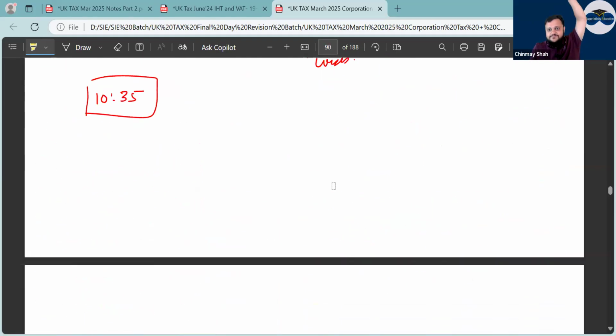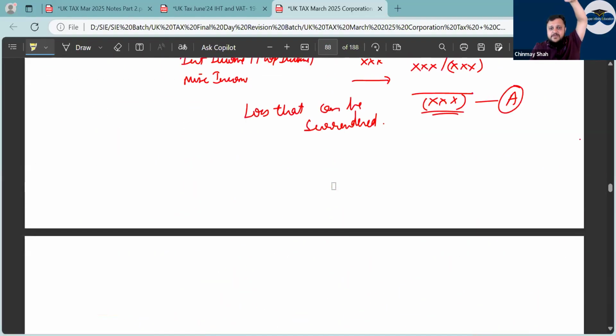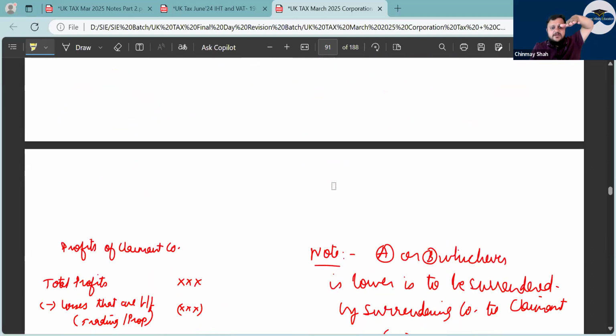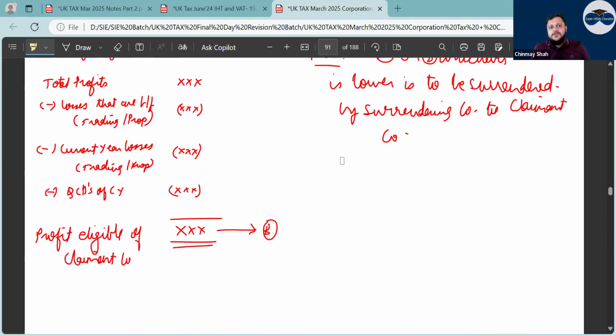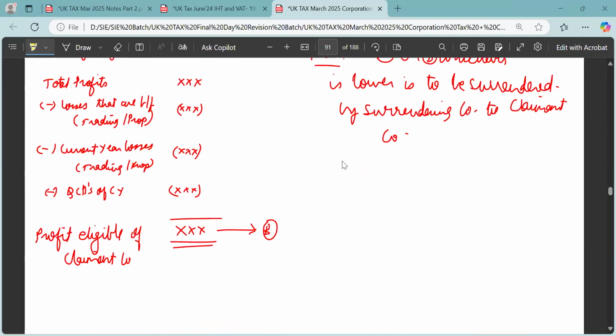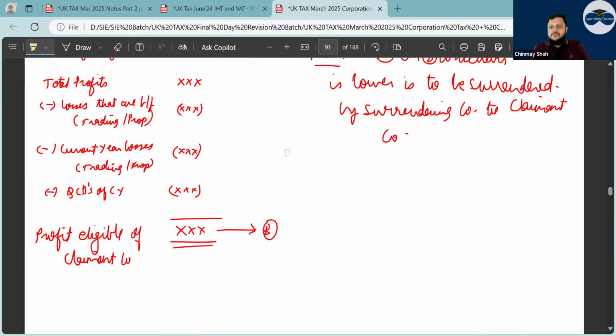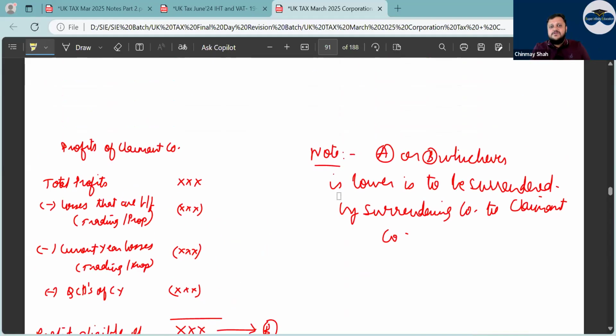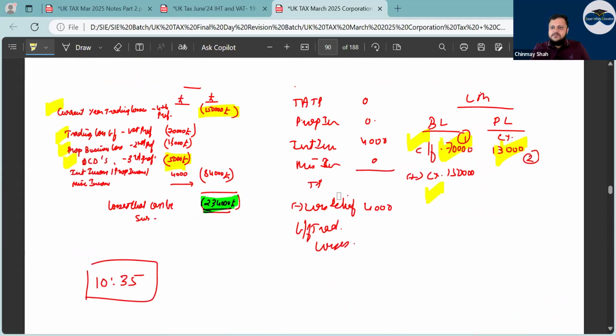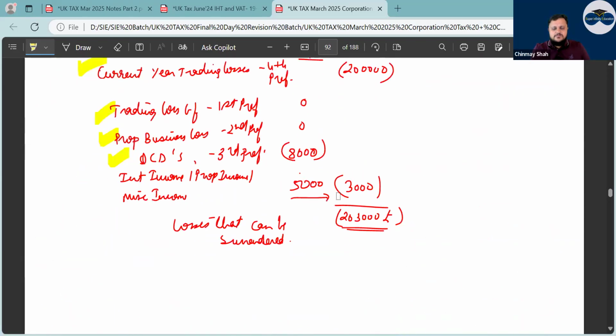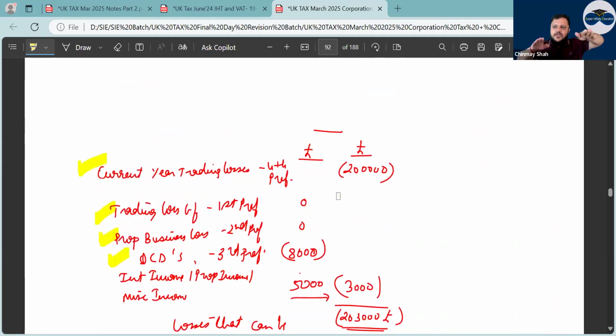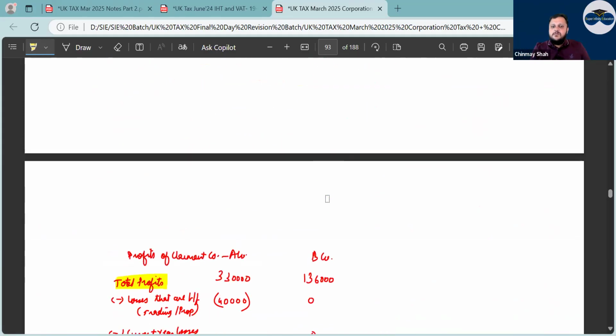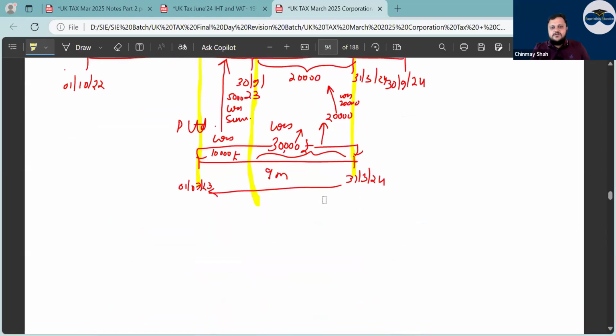So A is losses that can be relieved or surrendered, and for claimant company, B is profit that is allowable or eligible. A or B, whichever is lower can be claimed. So you have to find A and B for the corresponding period and see which is lower, that can be transferred.